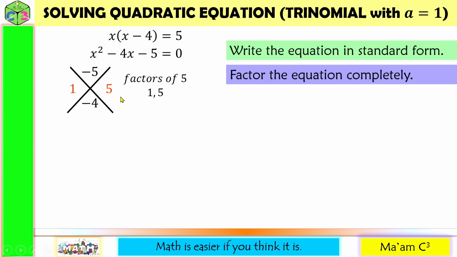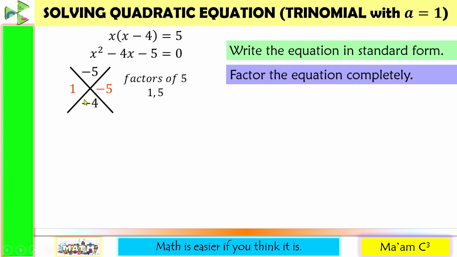And also, when you add them, it should give you a sum of negative 4. So what do you think must be the signs of your factors? To give you negative 4, your 5 must be negative because 1 plus negative 5 will give you negative 4. And 1 times negative 5 will give you negative 5.